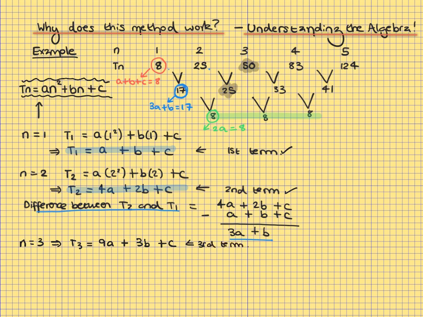So if I want to now find the difference between the third term and the second term, i.e. this value 25, this is where this value 25 comes from, I can do a subtraction.